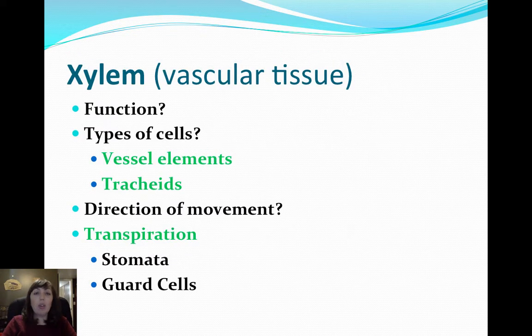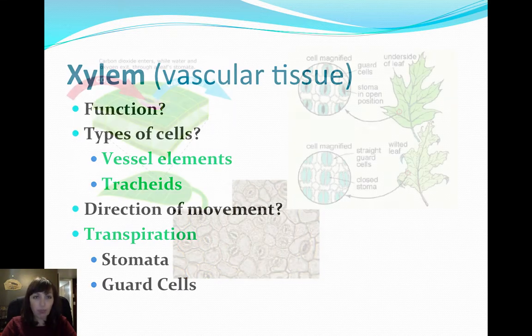Okay, so when you're looking at the xylem, which again is part of the vascular tissue, we are going to talk about the function of the xylem, the types of cells, so this would be vessel elements and tracheids, the direction of movement, as well as transpiration, which is facilitated by the stomata and the guard cells.